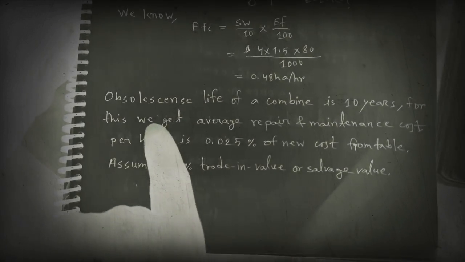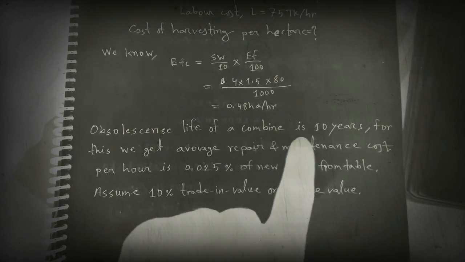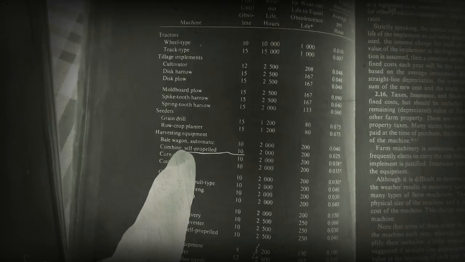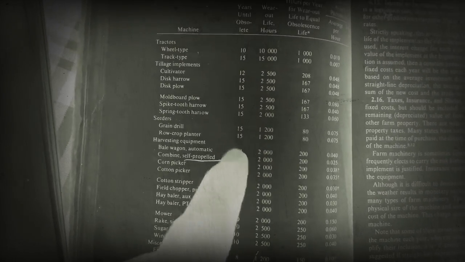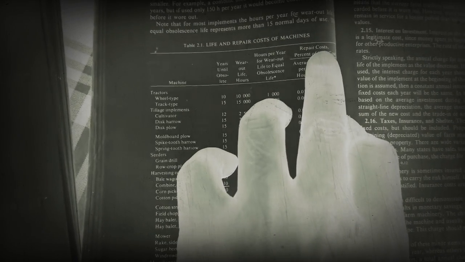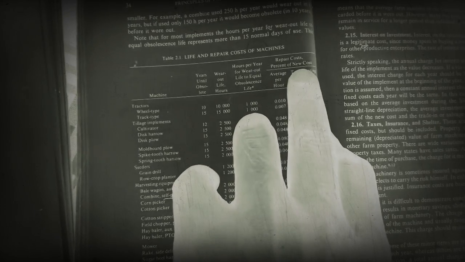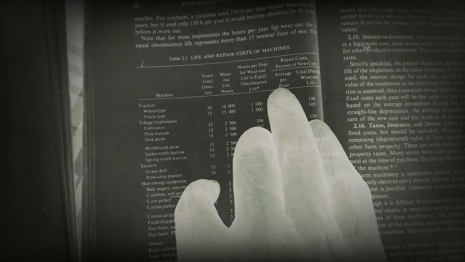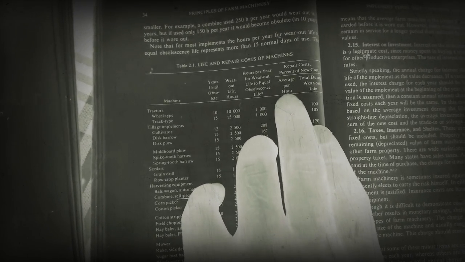So we know that obsolescence life of a combine is 10 years. Here is the self propelled combine, obsolescence life is 10 years, and here is given repair cost percent of new cost, average per hour.